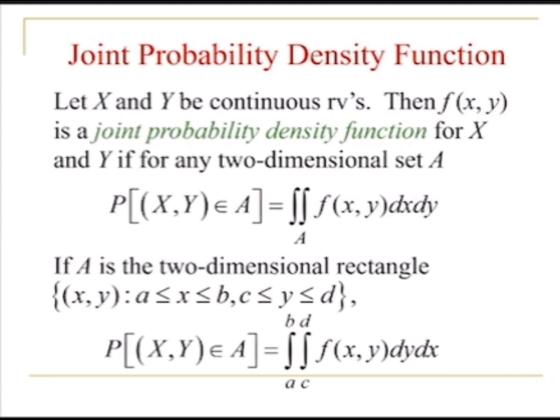In that situation, the probability distribution will be called the joint probability density function, joint PDF. Instead of having two summations, I'm going to have two integrals.